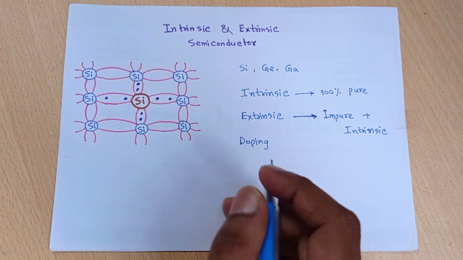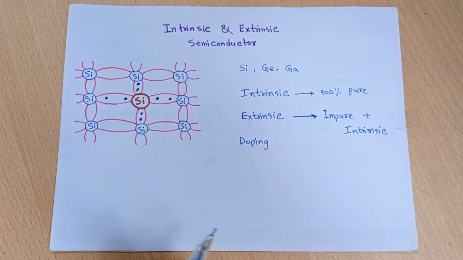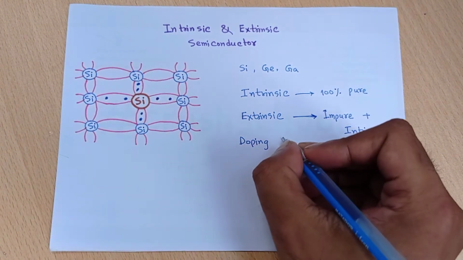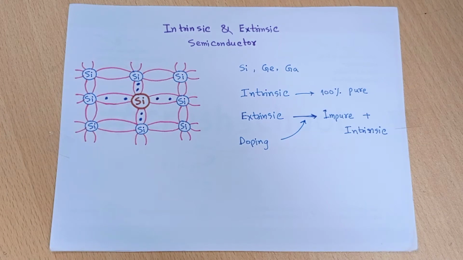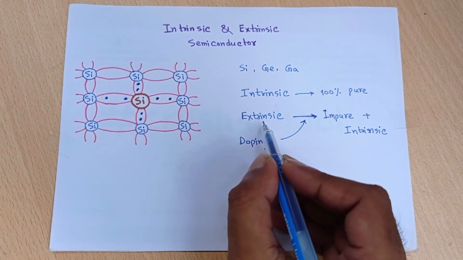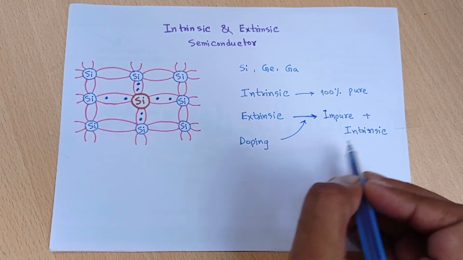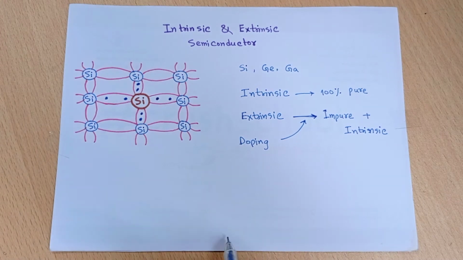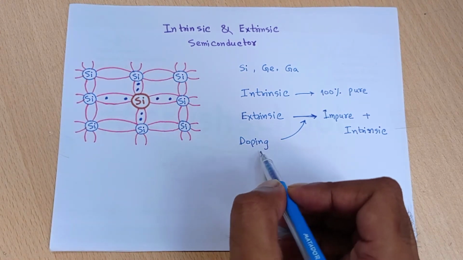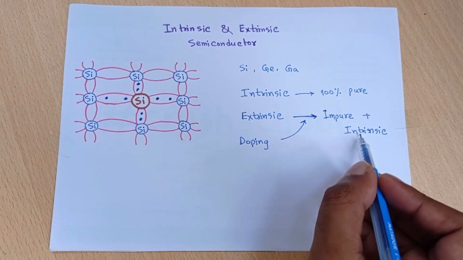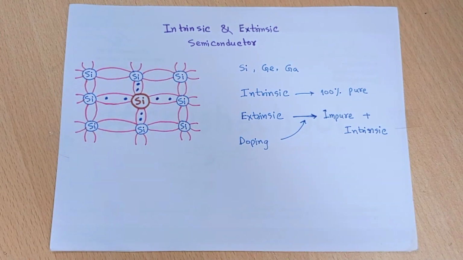And there is another good point, which is doping. Doping is actually the process which can convert the extrinsic semiconductor into intrinsic semiconductor. Okay, I think I made a mistake. Doping is the process which can convert the intrinsic semiconductor to extrinsic semiconductor.